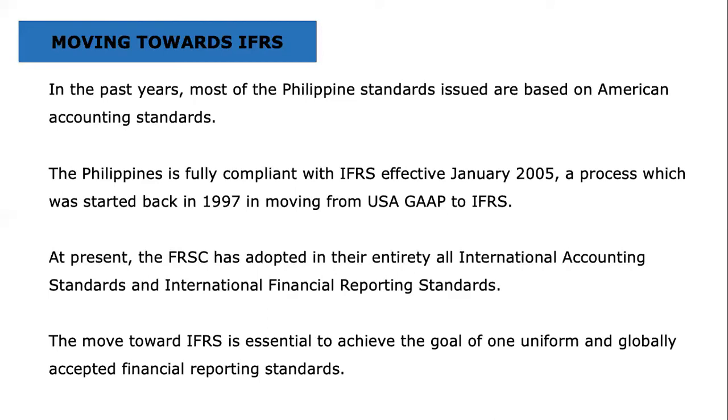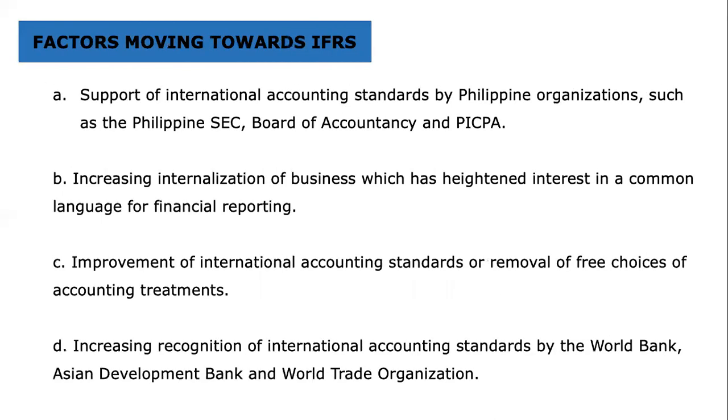It's hard to prepare a consolidated report because both of the countries are using different standards. So that's why right now they are making some actions to harmonize USA GAAP and IFRS, again for uniformity and globally accepted financial reporting standards or financial reports.